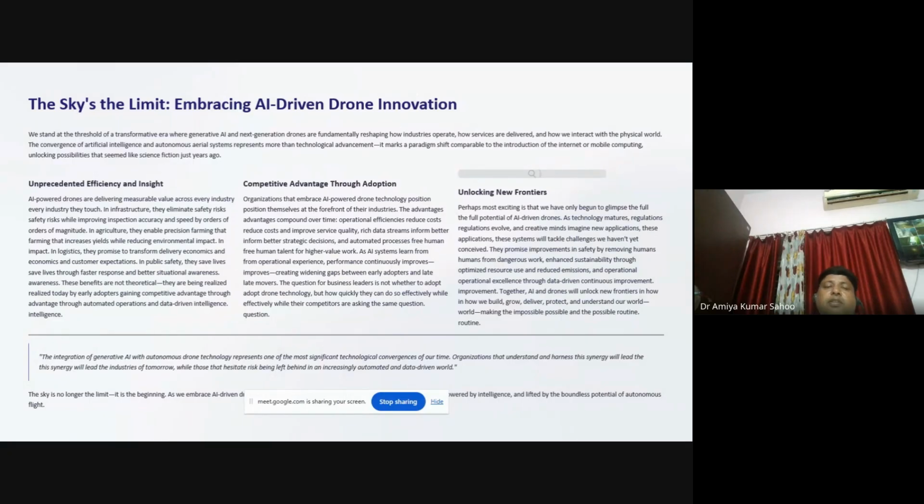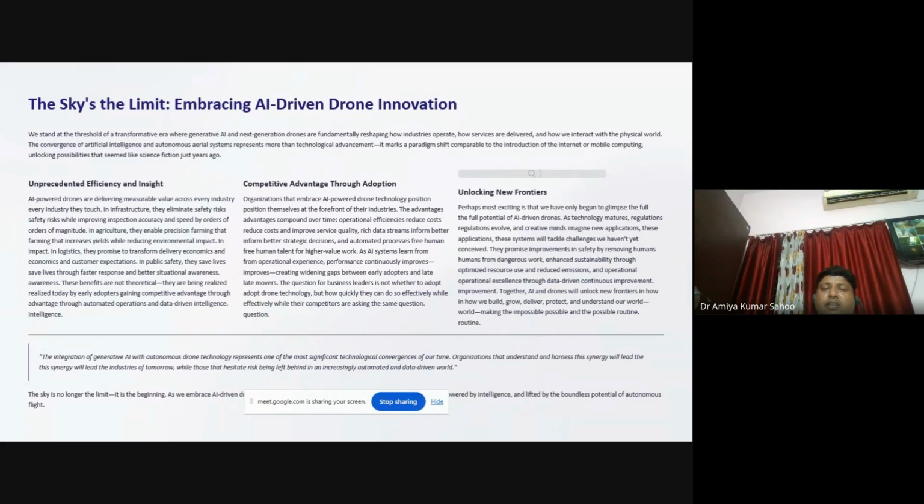If you look at the advantages of adoption, the organizations which have embraced AI-powered technology position themselves at the forefront of their industries. The advantages compound over time.